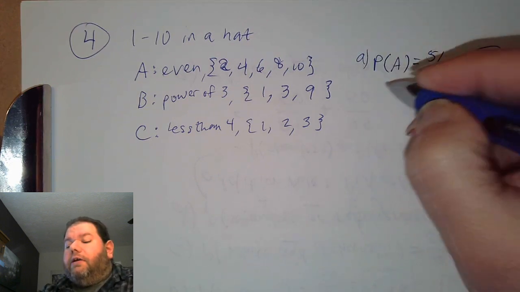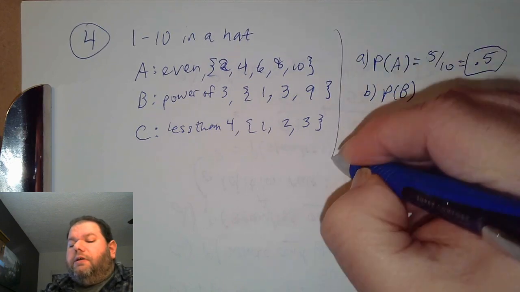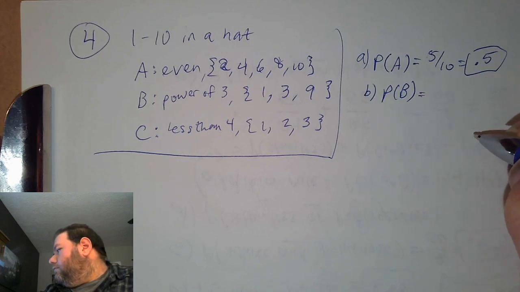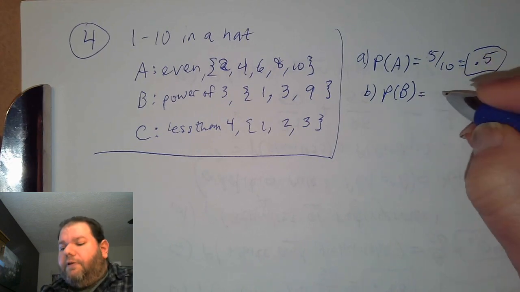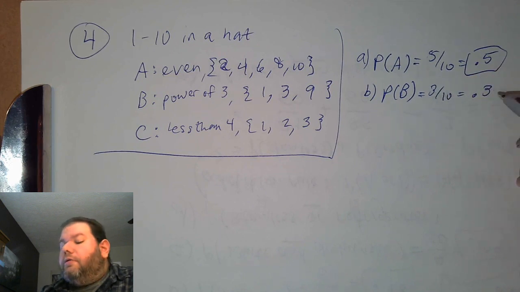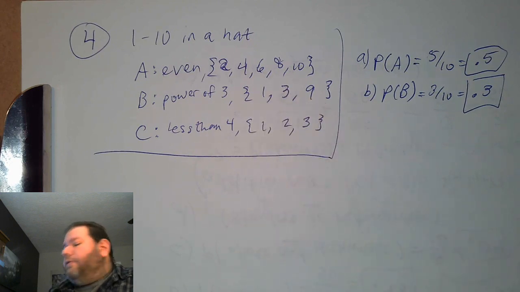So that's A. What about the probability of B? B is 3 out of 10, or 0.3. There are 3 numbers here, even though it doesn't look like it.